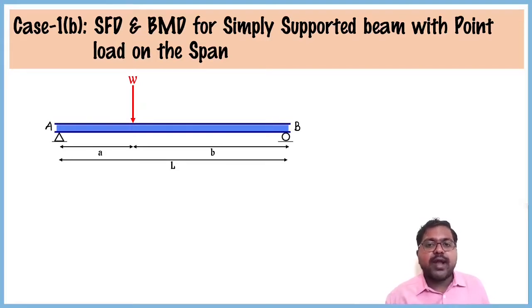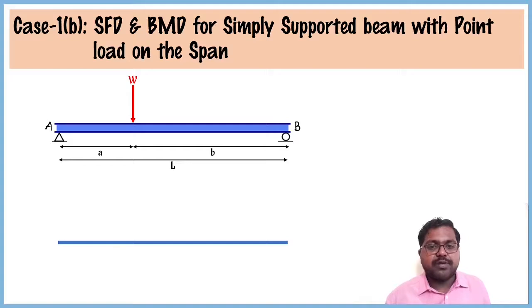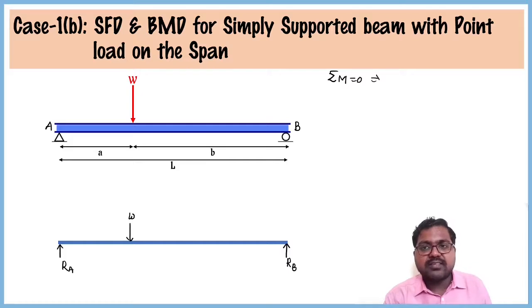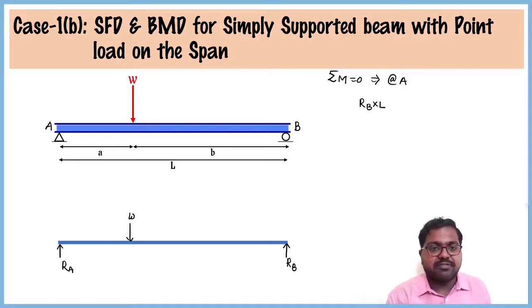Now we are going to find the reaction forces at A and B. So here I am taking the free body diagram, and now I am considering the reaction forces at A and B. To find the reaction forces, I am using the equilibrium equation where summation of the moments will be equal to 0. So first I am considering moments at A. At A, RB will cause moment which is at a distance of L, and at A, W will cause moment and it is at a distance of small a.